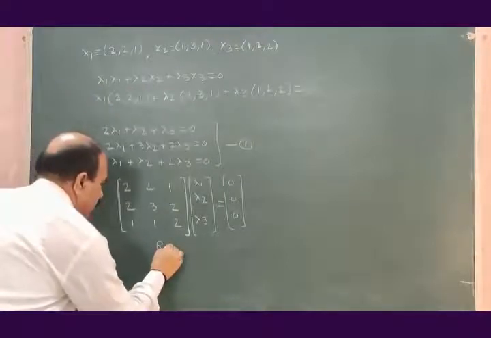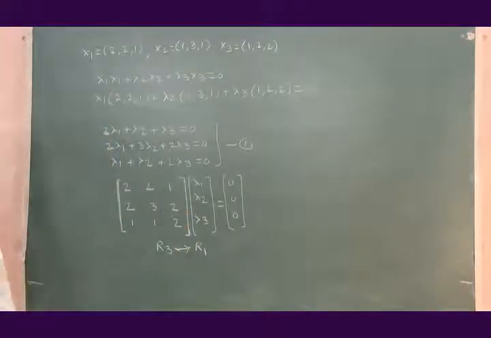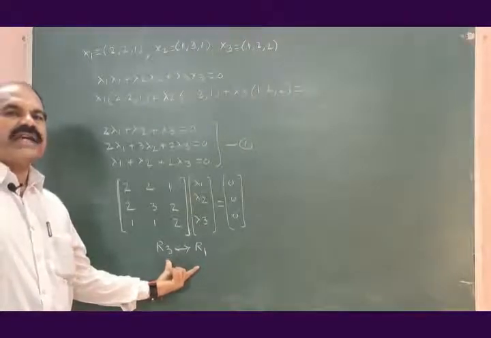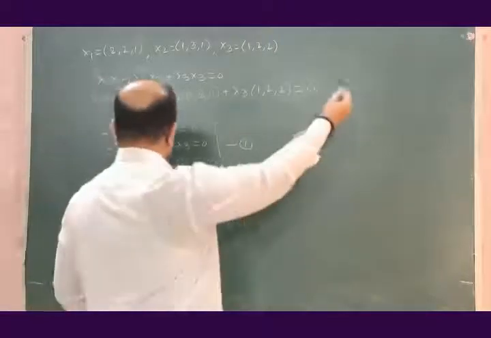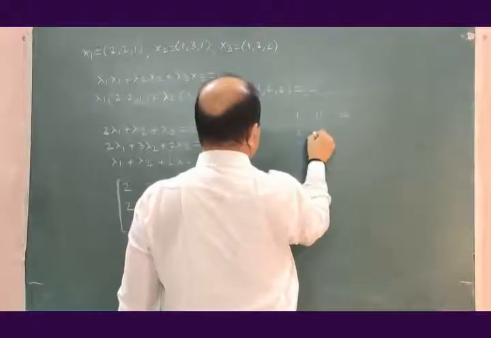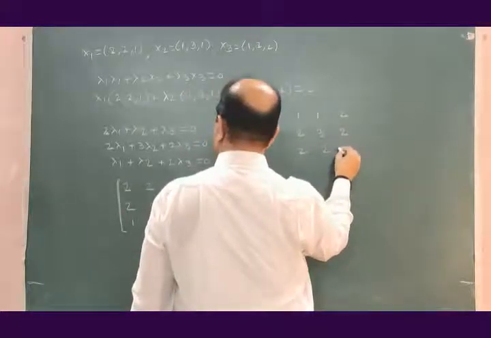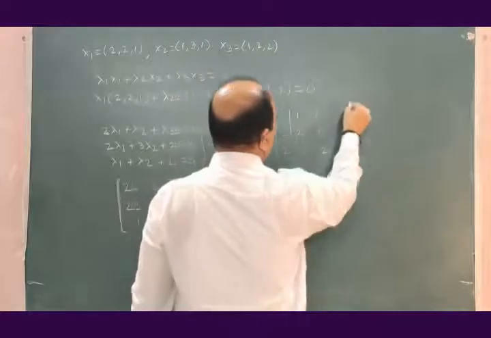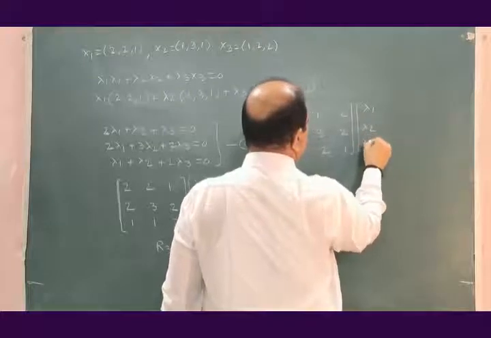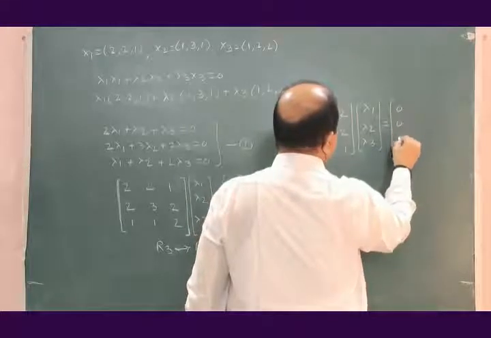Let us apply the linear transformations. Interchange rows third and first to give 1, 1, 2; 2, 3, 2; 2, 2, 1.